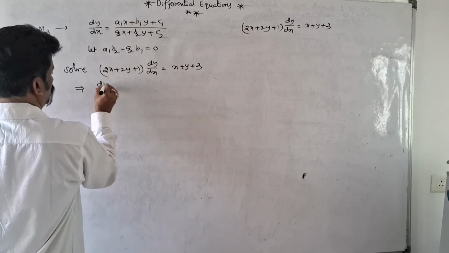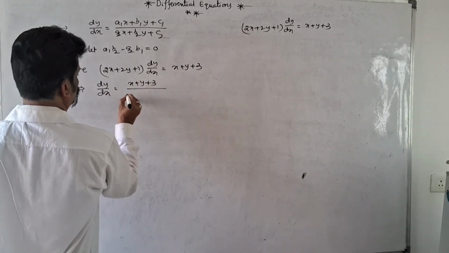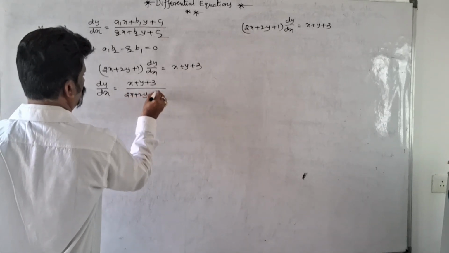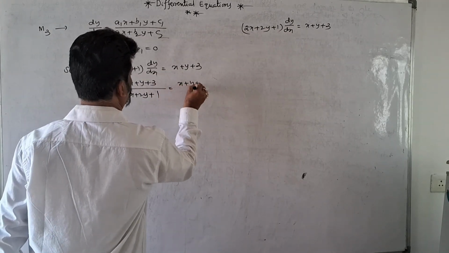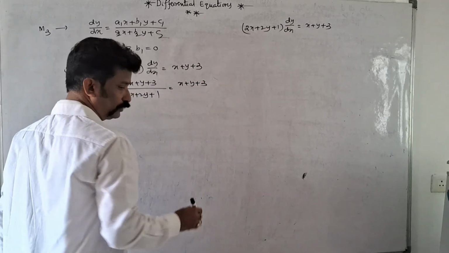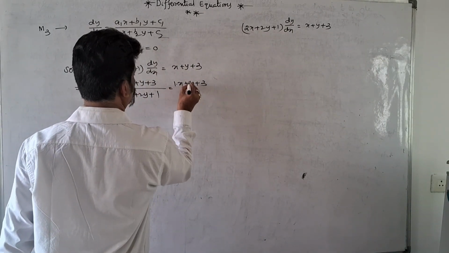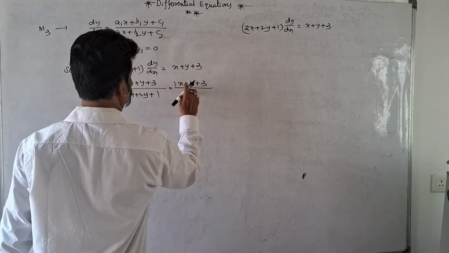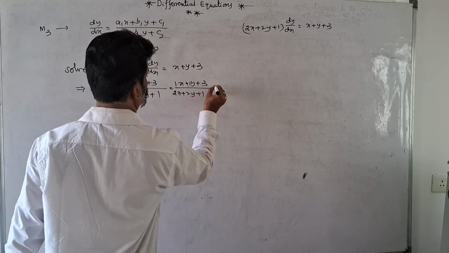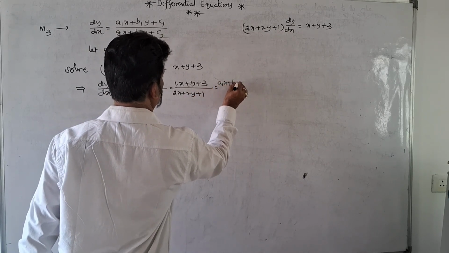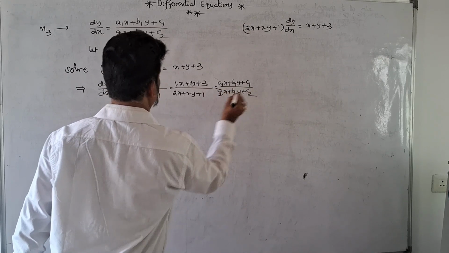Now this implies dy by dx is equal to x plus y plus 3 by 2x plus 2y plus 1. So this one is equal to a1x plus b1y plus c1 by a2x plus b2y plus c2.